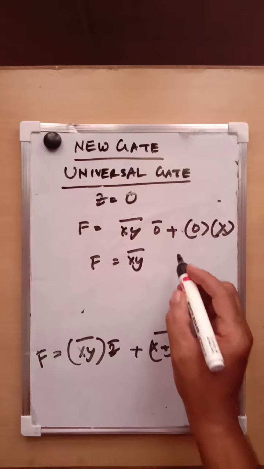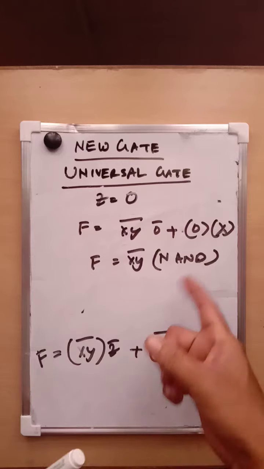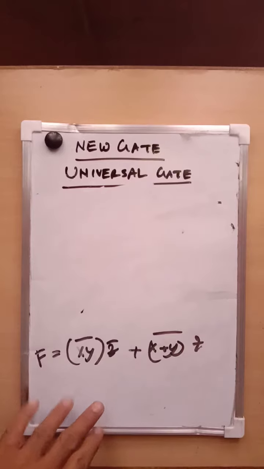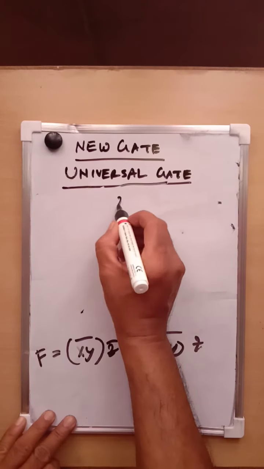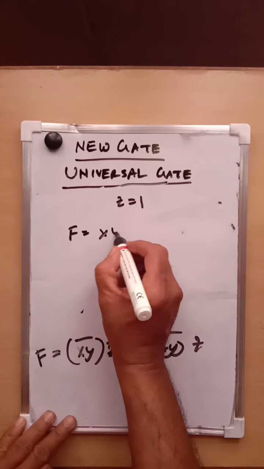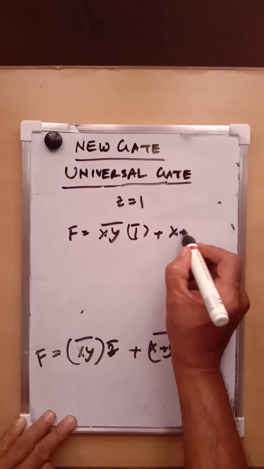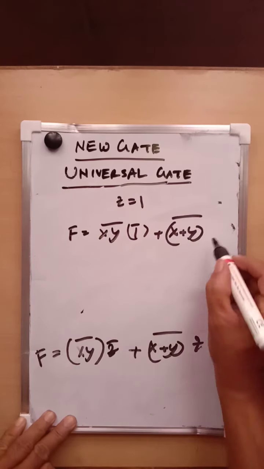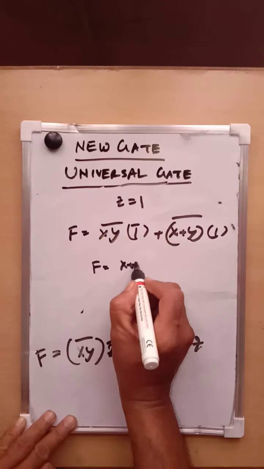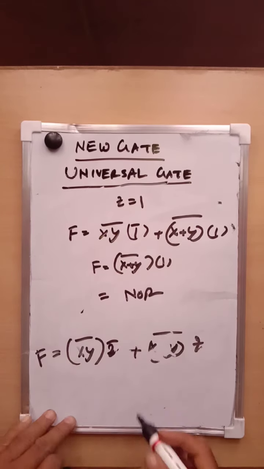That is nothing but a NAND gate, if the two inputs are X and Y. Coming to the other case, if Z is equal to 1, F becomes XY bar into 1 bar plus X plus Y bar into 1. The first term becomes 0, and it becomes X plus Y bar. That is nothing but a NOR gate.